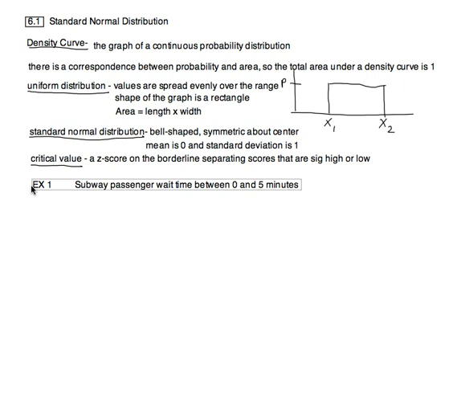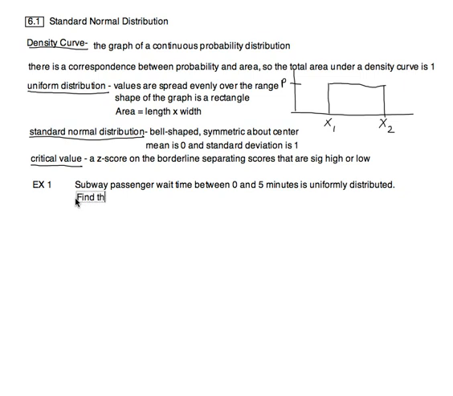So subway passenger wait time between 0 and 5 minutes is uniformly distributed. That's how we're going to start that.